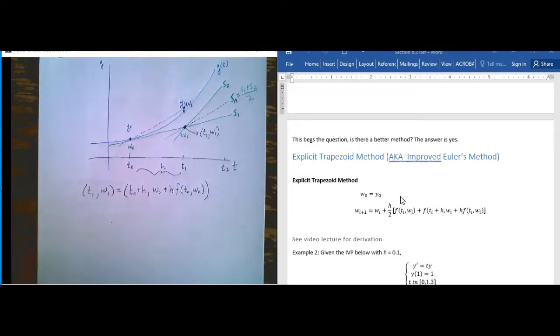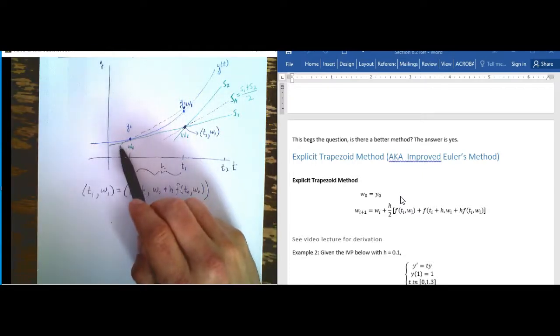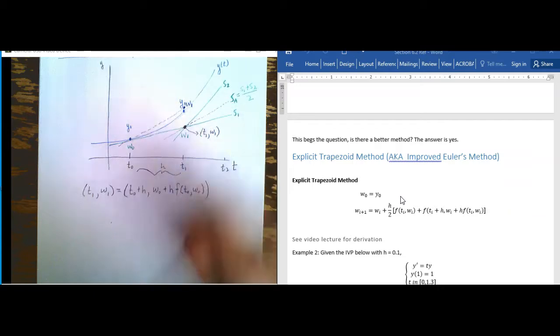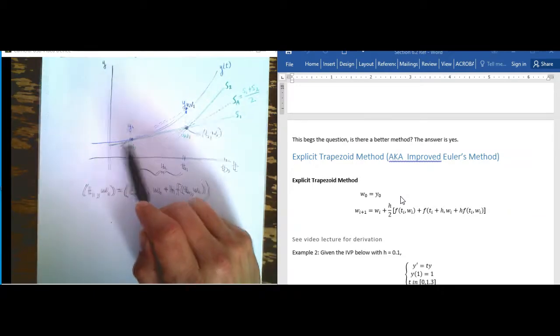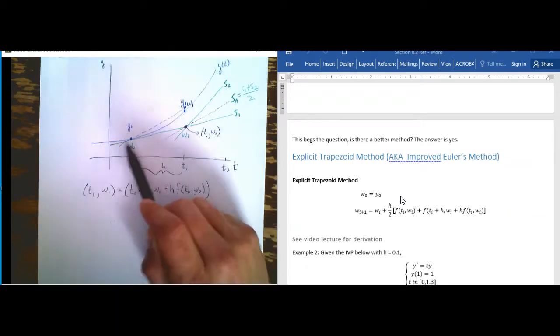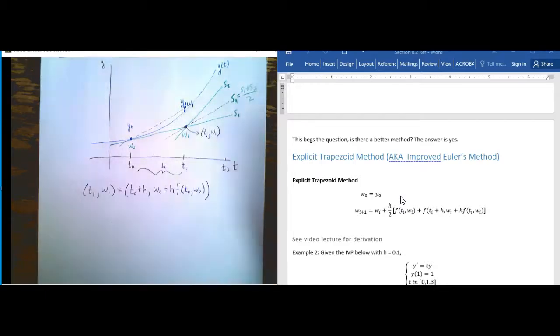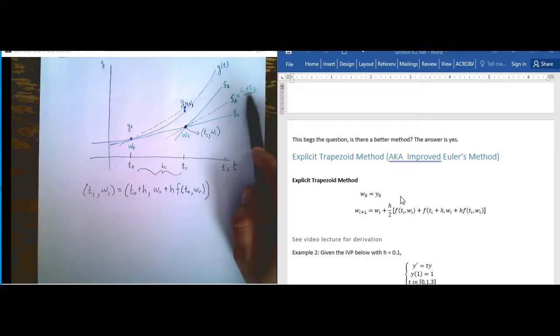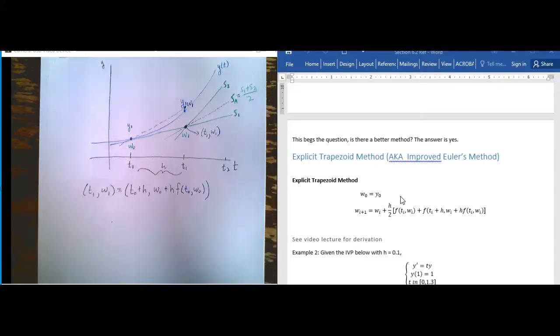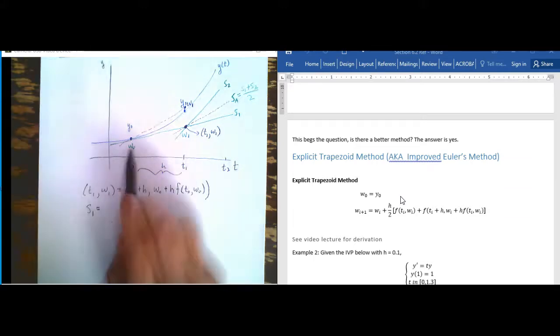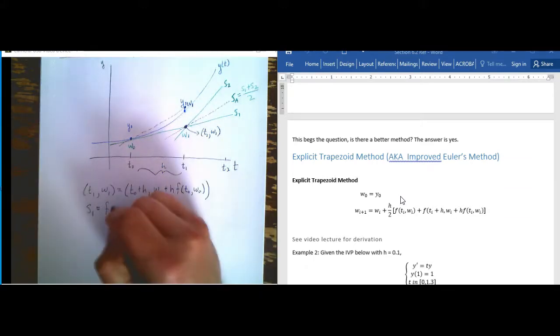All right, so how do we get the slope? If we're going to use the slope of this line here, we're just going to use kind of an Euler's method approximation, but instead of using the slope of the tangent line, we're going to use this average slope that we calculate from the average of these two guys, right? So remember, slope 1 is the slope of the tangent line at W0, which was f of T naught, W0.